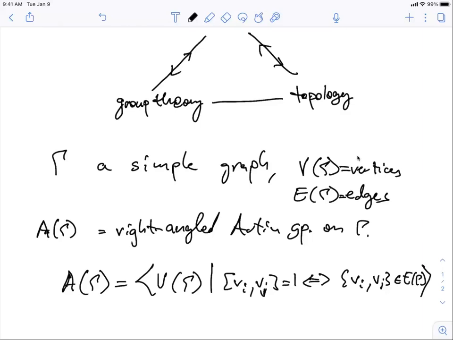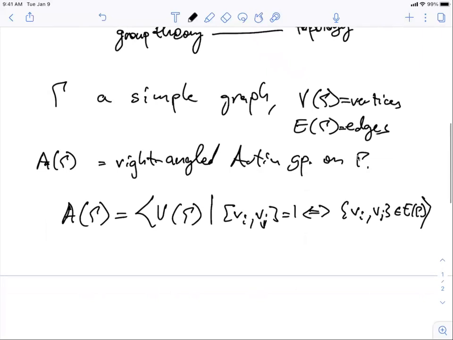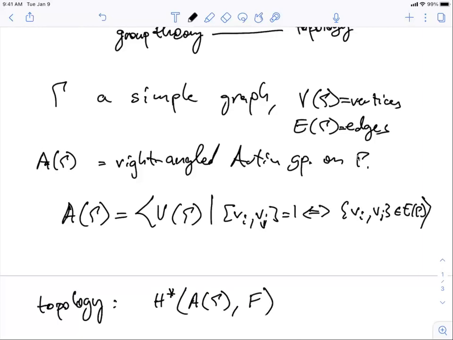In the topology corner, the topology will play an almost incidental role, although important nevertheless. Insofar as topology is concerned, we'll be interested in the cohomology algebra of A of gamma with coefficients in some field whose exact identity is not really important, other than that it be viewed as a trivial module over A of gamma.